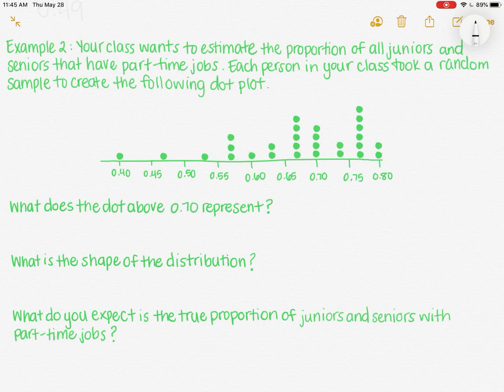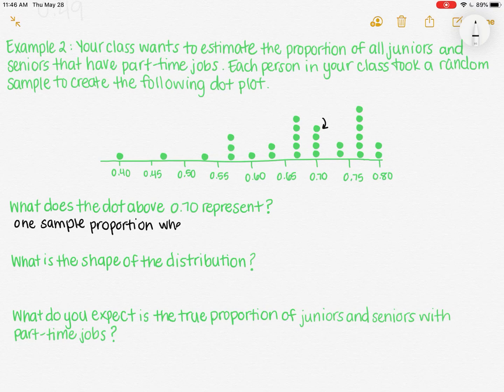So for example, what does the dot above 0.70 represent? Well, that represents that one sample proportion. And that means that, let's say the person with the dot above 0.70, let me point one out. Let's say this person asked 10 juniors and seniors, 7 of them had part-time jobs, 7 out of 10 gave them a proportion of 0.70.